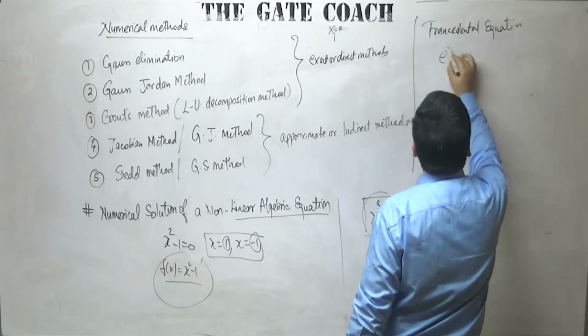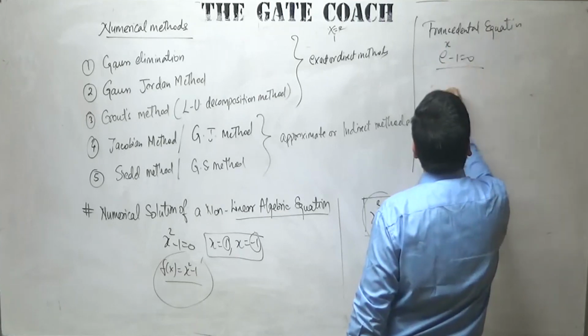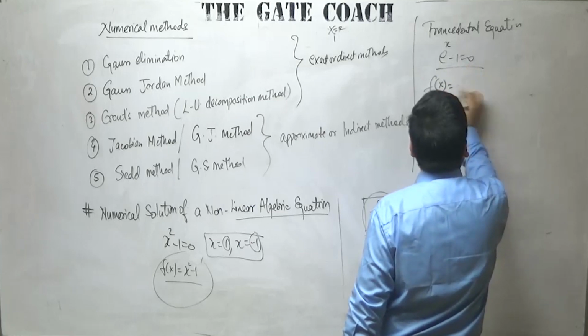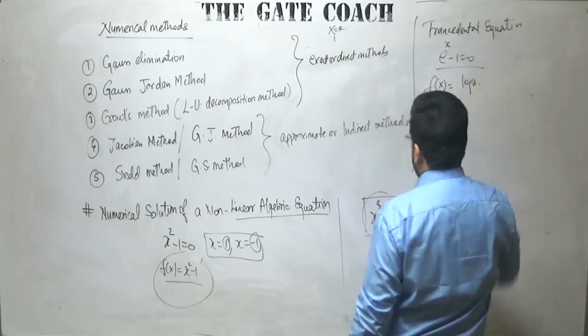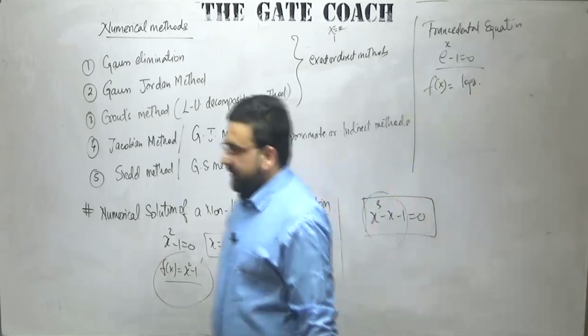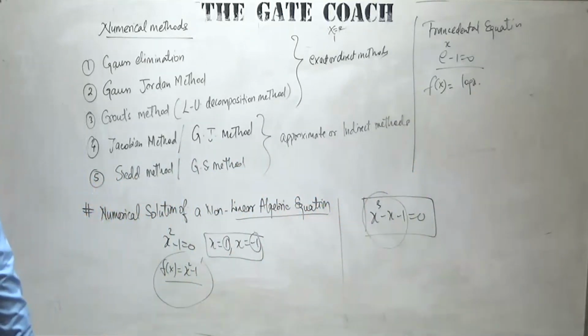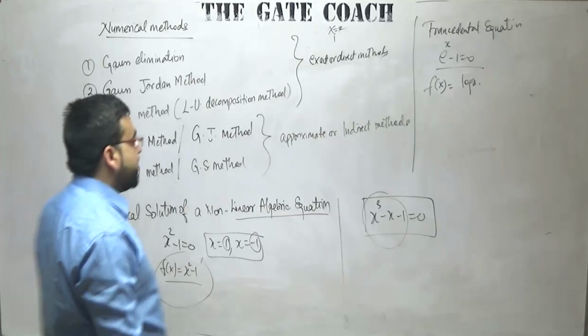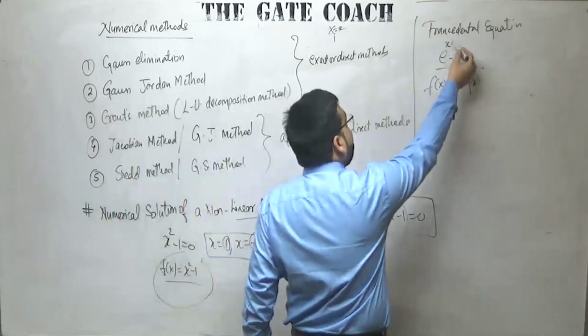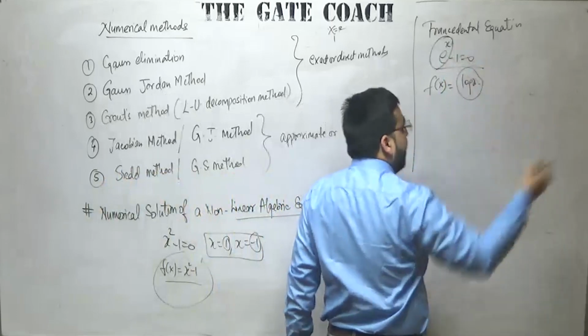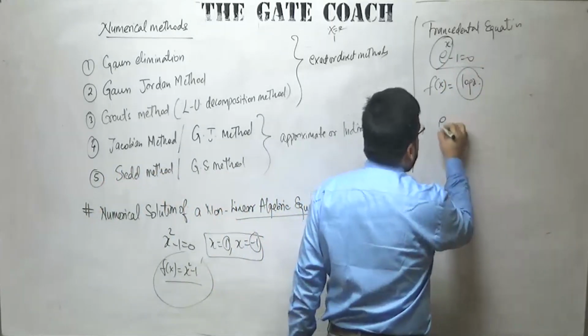For example, e raised to the power x minus 1 is equal to 0, or f of x is equal to log x. These types of equations are called transcendental equations, in which we have either e raised to the power x or log x or something like this.